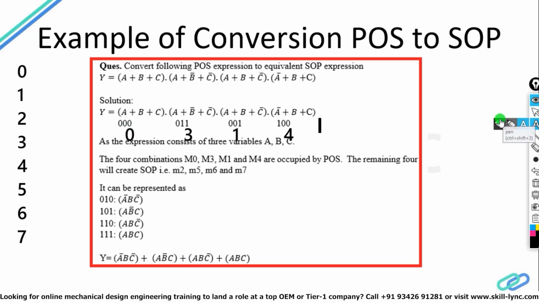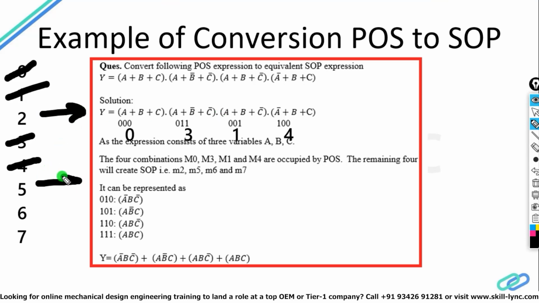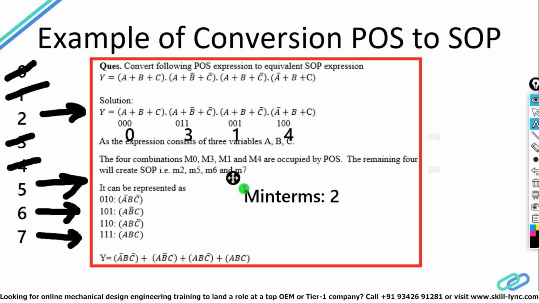So we will cut down 0, 1, 3 and 4 from the list of possible combinations of values, because these are our max terms. The remaining values, 2, 5, 6 and 7, are the min terms.